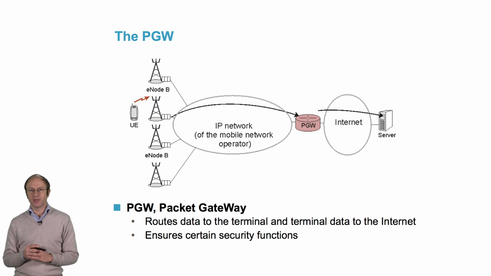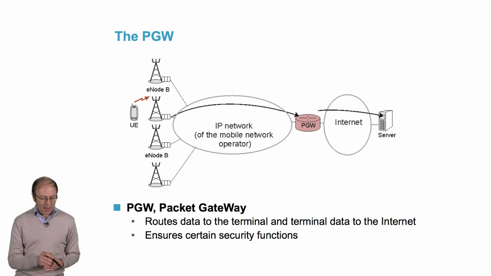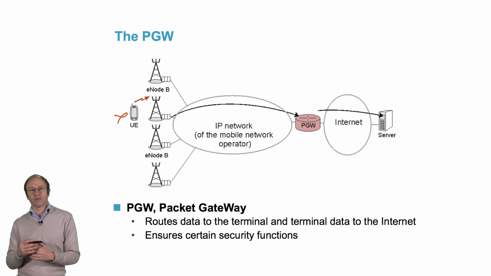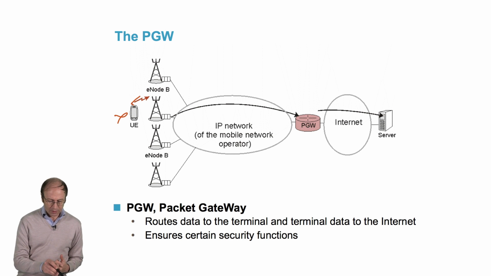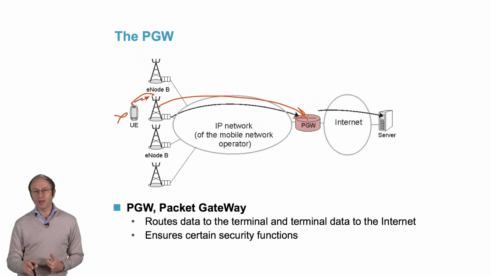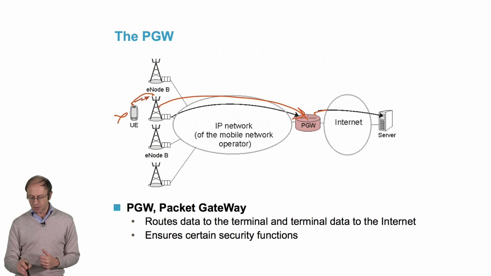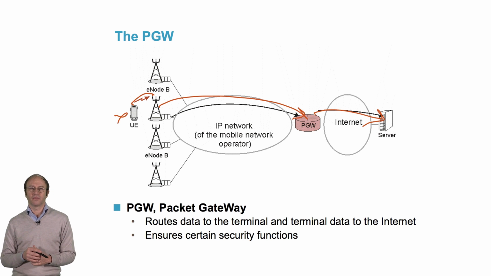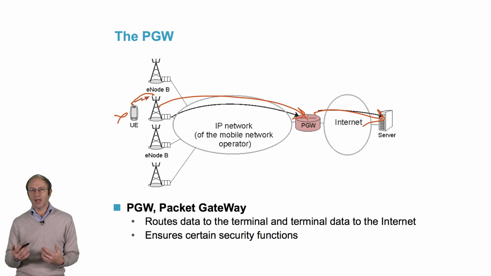In the opposite direction, when I send a request from my smartphone, it's the same thing. From the terminal to the eNode B, from the eNode B to the P gateway, from the P gateway to the server.